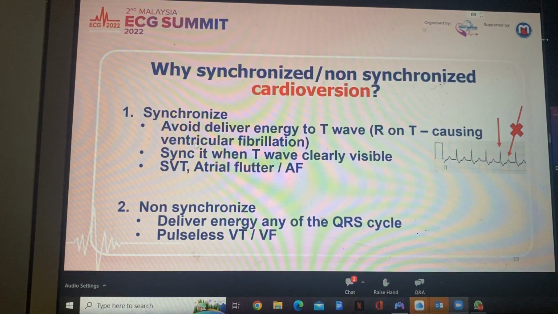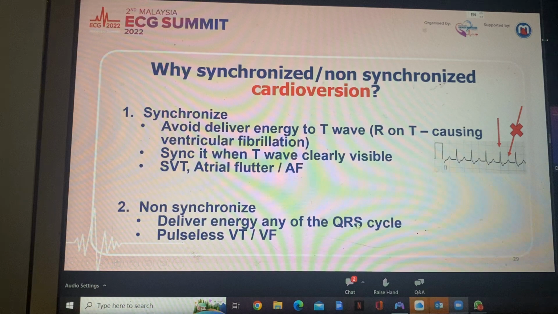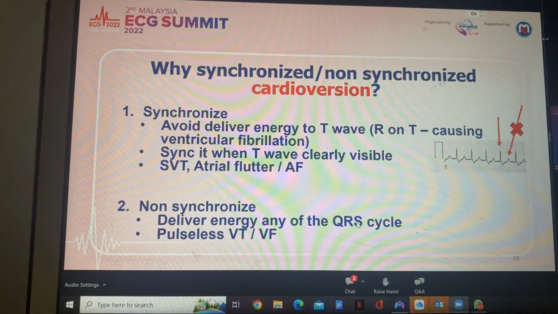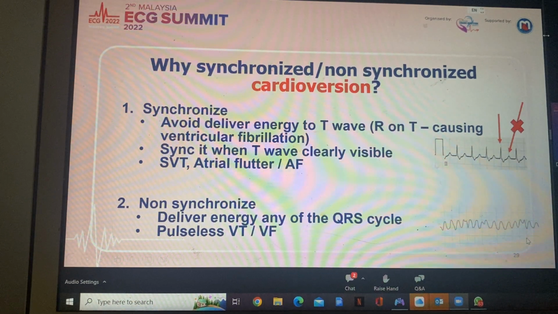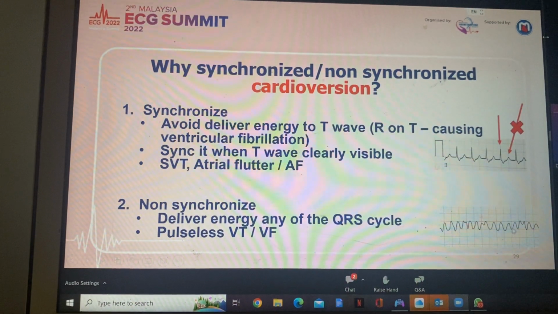So if you meet SVT, flutter, AF, we always synchronize the cardioversion. And if it's pulseless VF or VT, you don't know where to hit, so we use non-synchronized.